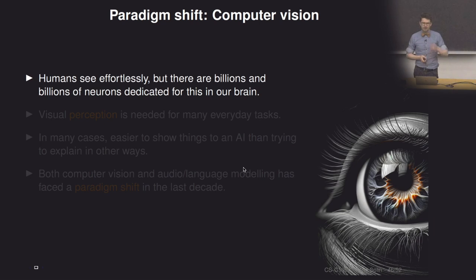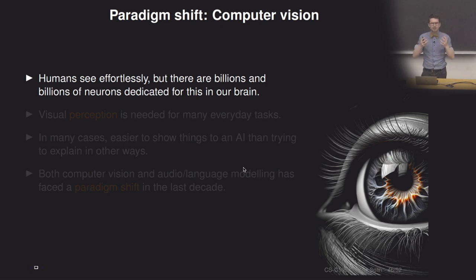If you think of what computer vision is concerned with, humans use our eyes to perceive our surroundings and help us navigate the world, so that I don't hit things when I walk around, or to understand things, interpret things, read other people and so on. And we see effortlessly.